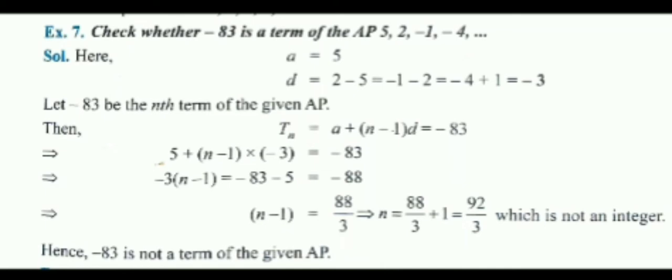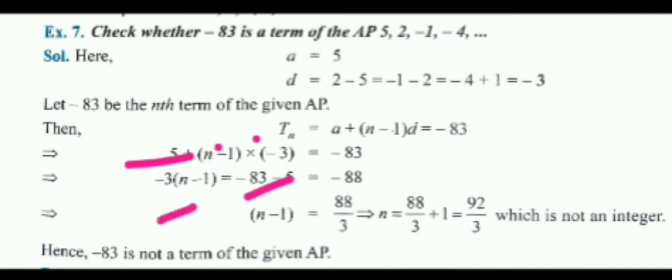So students, you can see it here. From this you can take out the value of n. So just see here. 5 is here, so that 5 will go to that side, which means it will be minus 83 minus 5. What is left?